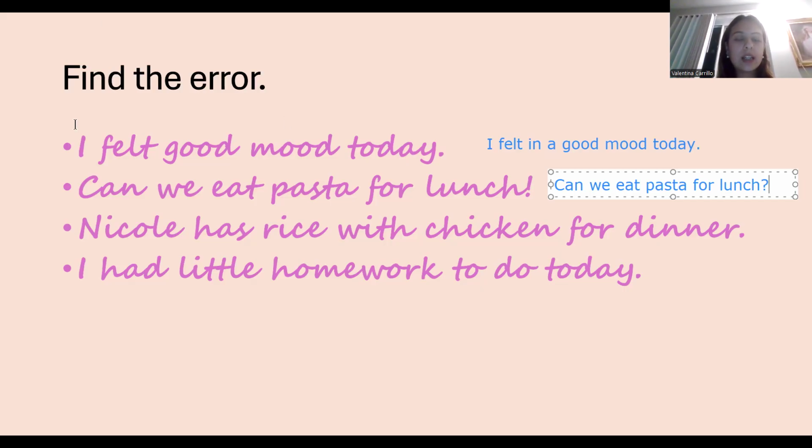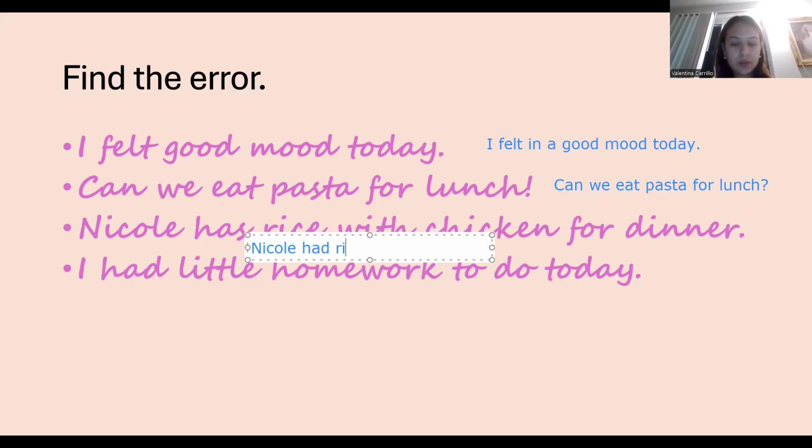Since we're saying that Nicole had rice with chicken for dinner, she already ate it, so it's something from the past. So we're going to use, "Nicole had rice with chicken for dinner," correct?